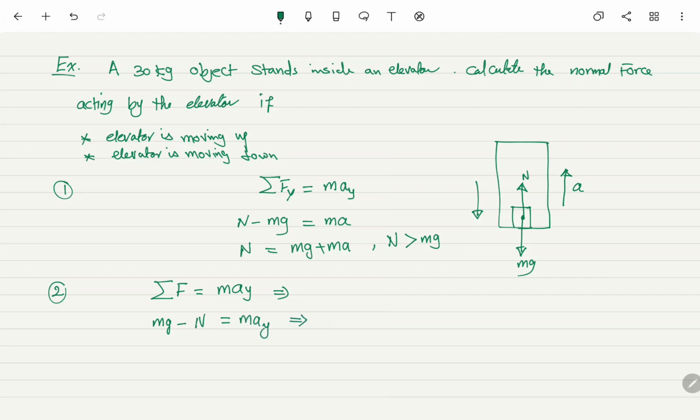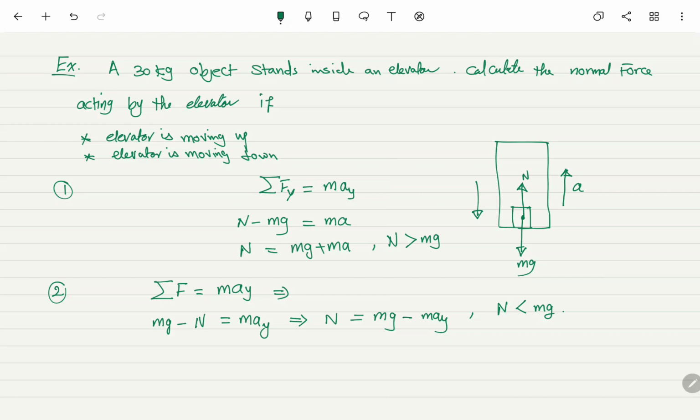In other words, the normal force is equal to the actual weight minus ma, so the normal force is less than the actual weight of the object.